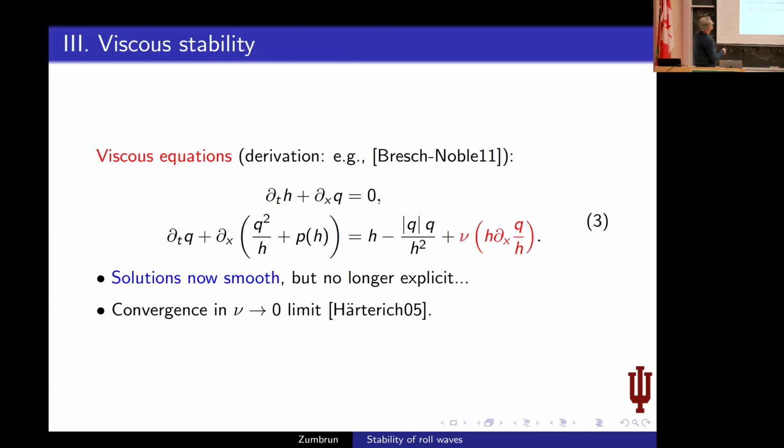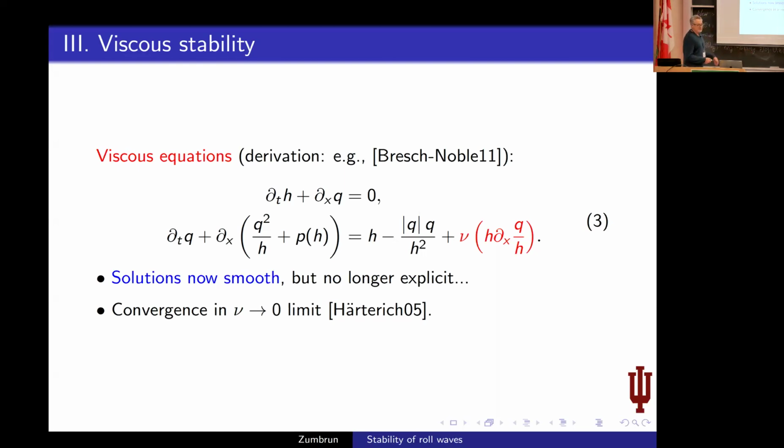Okay, so let's talk about viscous equations. If you include higher order effects, you get a viscosity here. If we keep the red term on the right and throw out the relaxation terms, now we have isentropic viscous gas dynamics, gamma law, gamma equals 2. The solutions now are smooth, but these nice solutions of Dressler no longer exist.